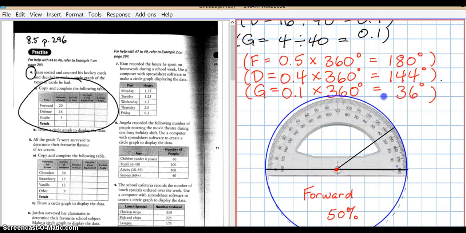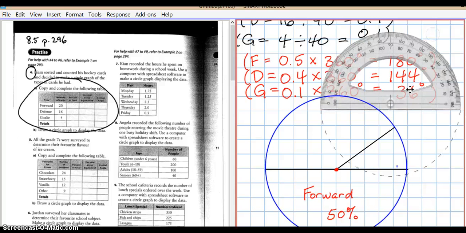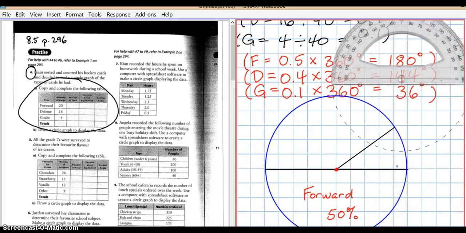So if I take that away, we now have this section that represents the defense cards, and 144 degrees corresponds to 40% of the total being defense cards, which means the remaining 36 degrees, and it's already done for you, is the goalie cards, and that is 10% of the total. So again, if you add 40 plus 10 plus 50, you get 100%.